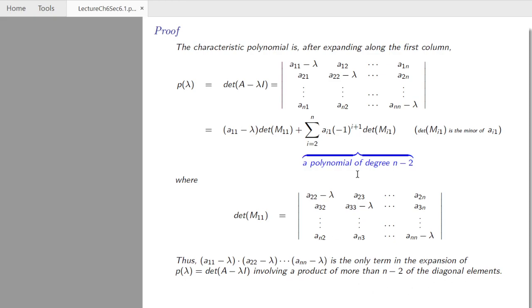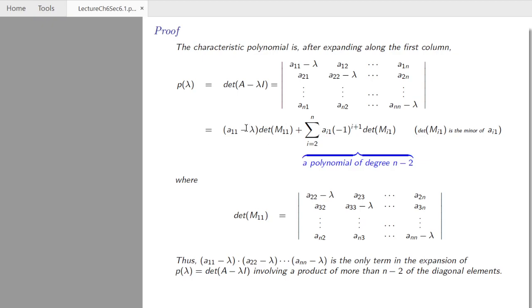Because the rest is just a polynomial of degree n minus 2. Only the first term has a power higher than n minus 2.